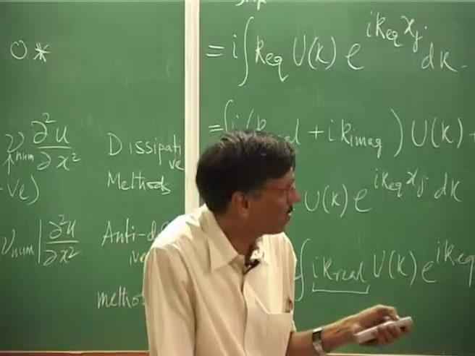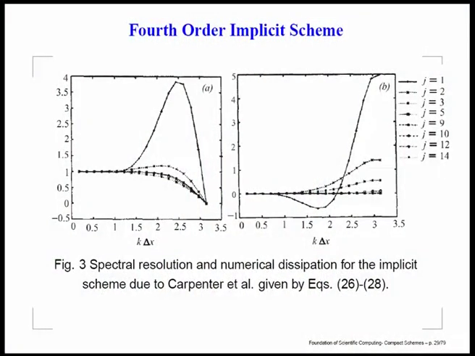So, the first point is very badly behaved, as we can see here. This goes off to a value of k equivalent by k is 5 times. This is an exceedingly high value, but the same thing happens with other nodes also, j equal to 2, 3 and so on and so forth.